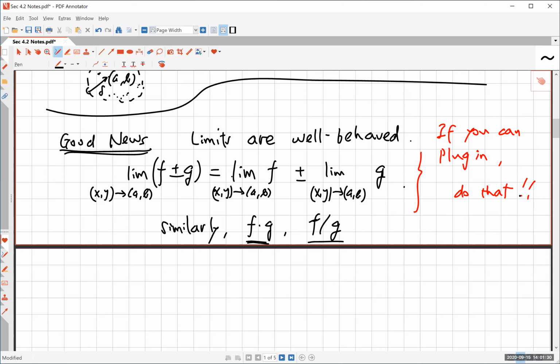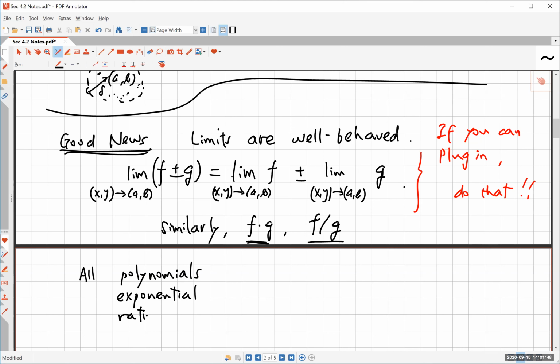And so here is even better news. All polynomials. You know what polynomials are, right? X squared, y squared, x cubed, y cubed, and all the combinations. Every exponential function.